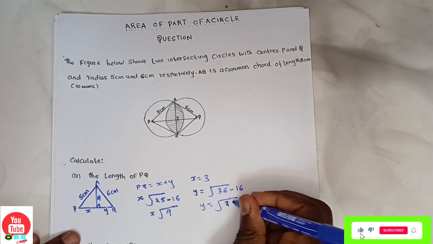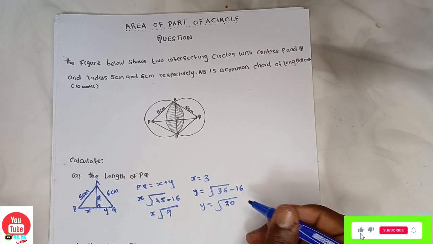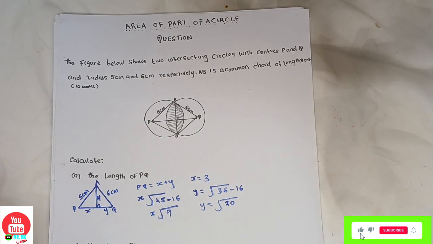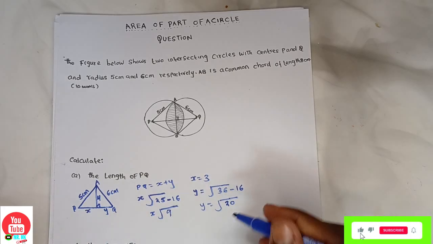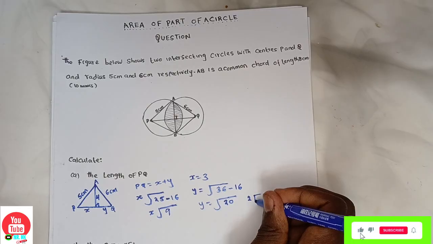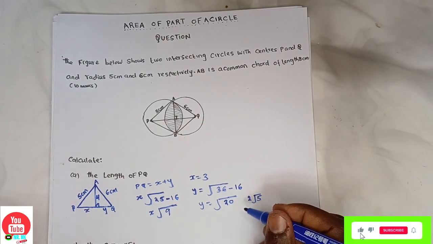20. Now the square root of 20 will be 2 root 5.